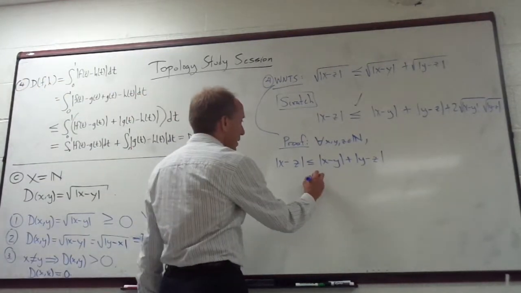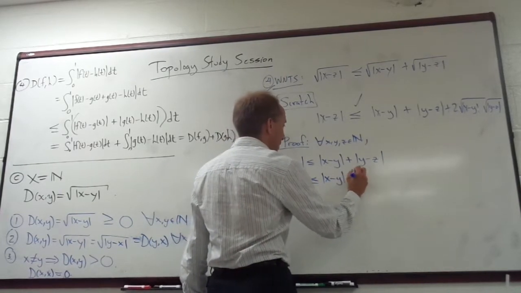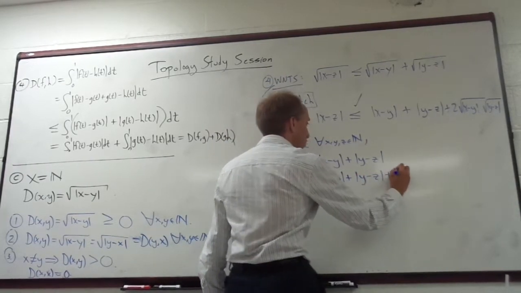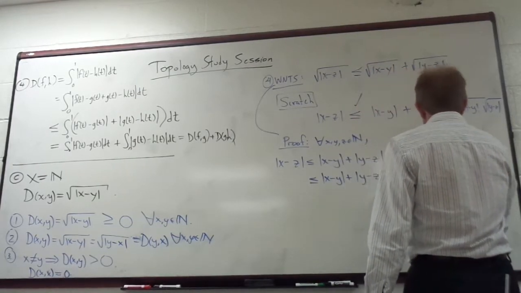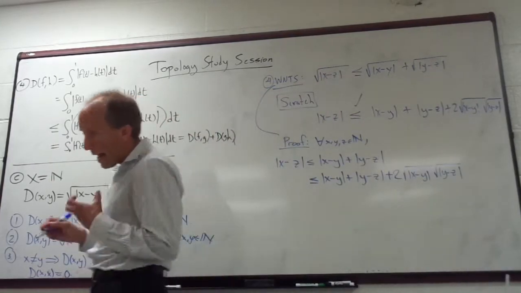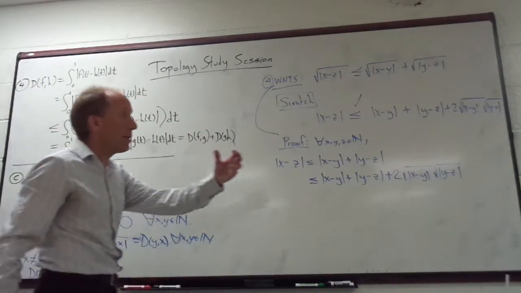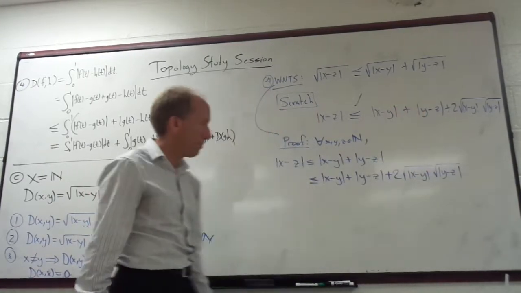And then I'm going to say that is less than or equal to the same exact thing, but with 2 times the square root of absolute x minus y, square root of absolute y minus z on the right side. So just add a little bit more. You have to make sure that what you're adding is positive, but this is positive, so that's fine.